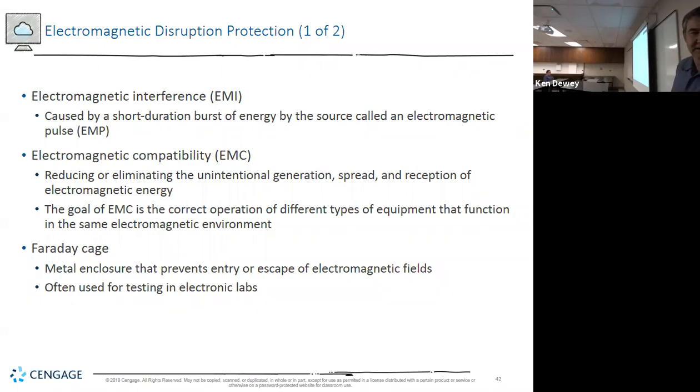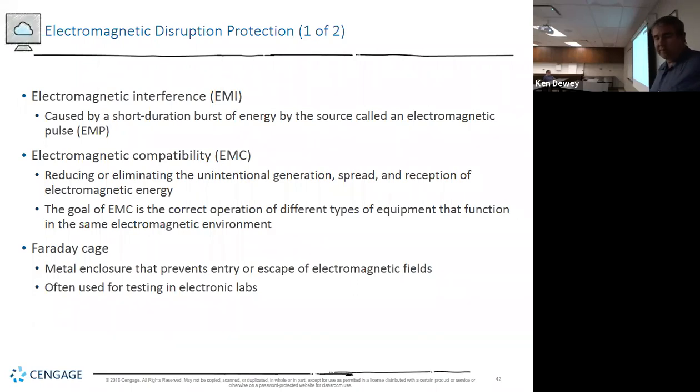Kind of crazy stuff. Electromagnetic compatibility is reducing or eliminating the unintentional generation, spread, and reception of electromagnetic energy. It used to be, cell phones used to make speakers go off. Don't anyone remember that? I don't think they do it anymore.